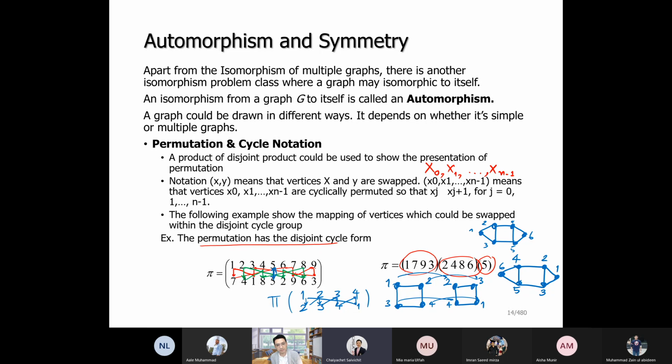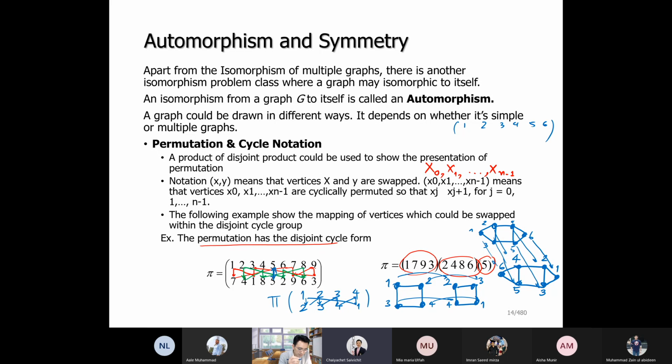Just flipping, right? And we map directly like this. How many cycles do we have in this one? You can write 1, 2, 3, 4, 5, 6, right? The first one. What about the second one?